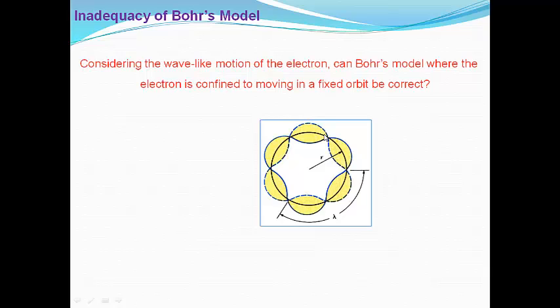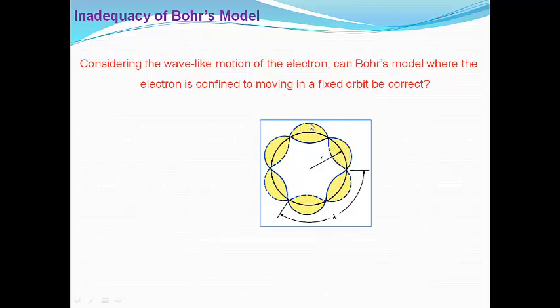But we can clearly see from this, if we were to superimpose a waveform or a wave motion over the orbit, it shows us that at a particular point in time or space, the position of the electron is going to be different.